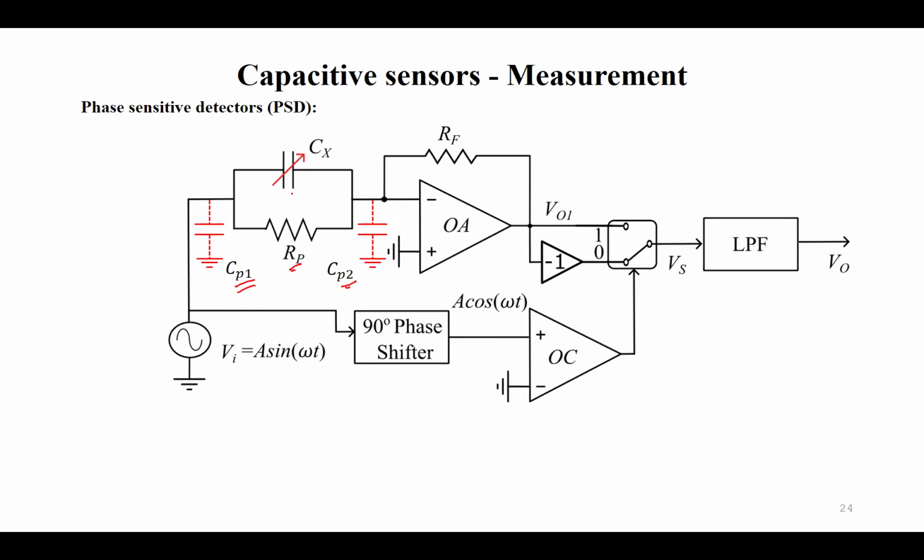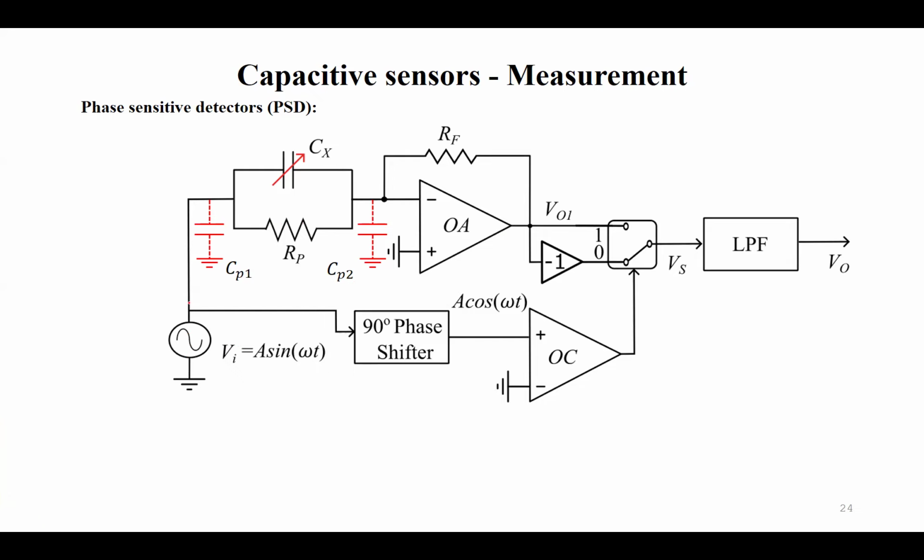Also, CP1 and CP2 will be comparable with the sensor capacitance. Usually the sensor value will be near 100 picofarad, while the parasitic capacitance can go up to 50 picofarad due to the long coaxial cable. So there will be a large offset in the measured output, creating a huge error in measurement.